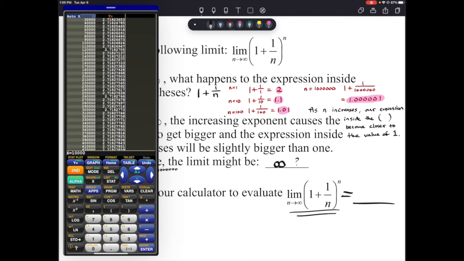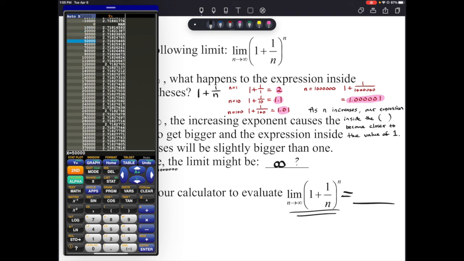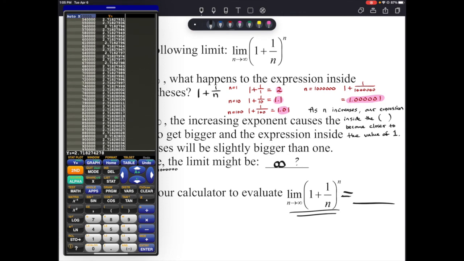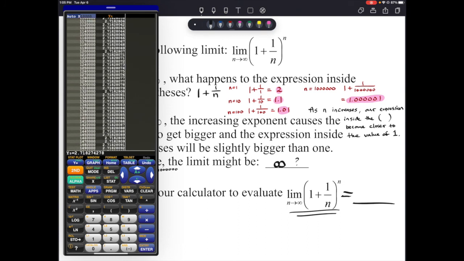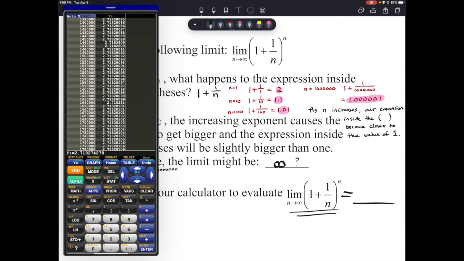And you see on the left side here that our values are increasing by 10,000 each time. On the right side, you'll notice that we get this number, 2.71825, and then it keeps going. So let's scroll down here and see what happens to this number. It's just the back digits that are changing for the most part right now.